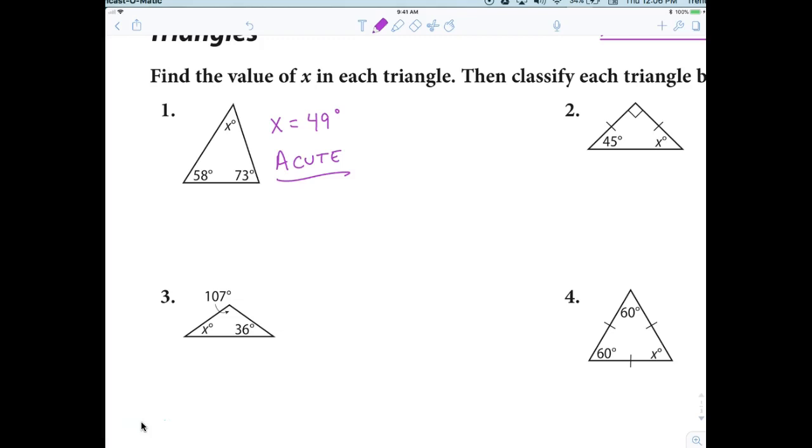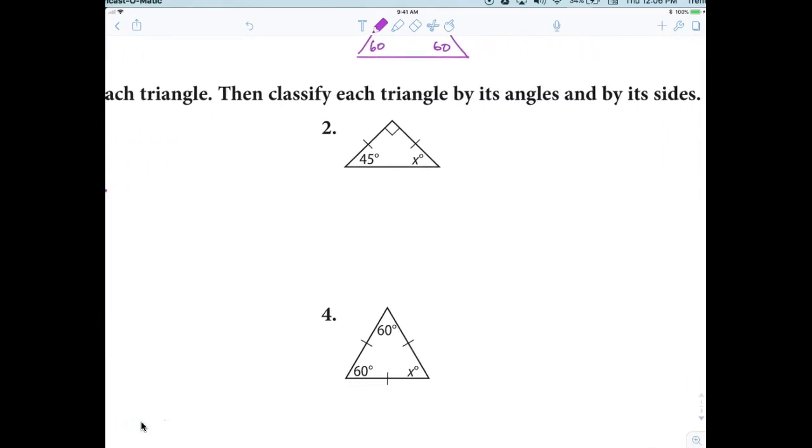All right. Now on number 2, you should be able to tell me right off. Oh, wait a minute. It also says, which I didn't read clearly, classify each triangle by its angles and also by its sides. Right. So when you classify it by its sides, it's either scalene, isosceles, or equilateral. Everybody with me on that?